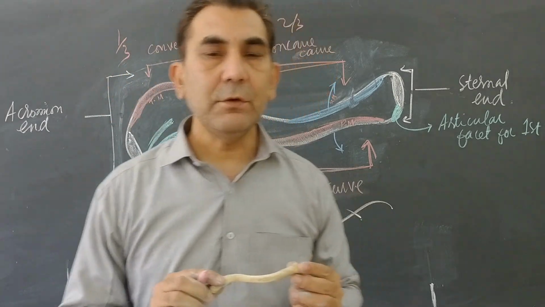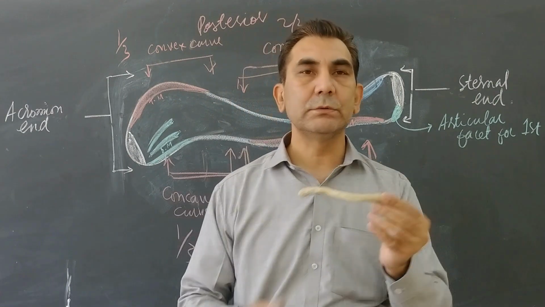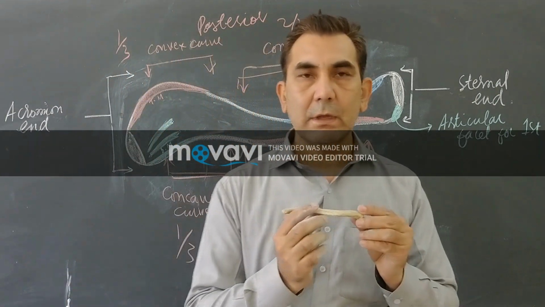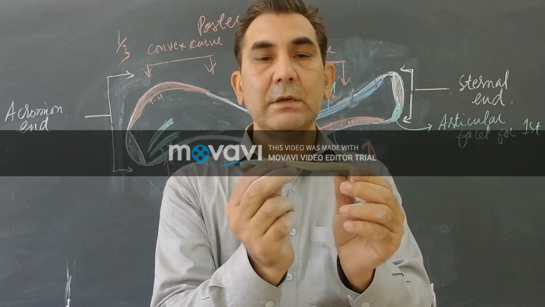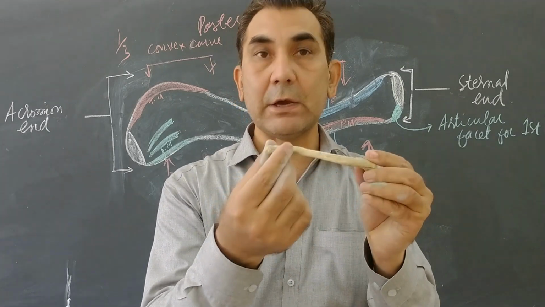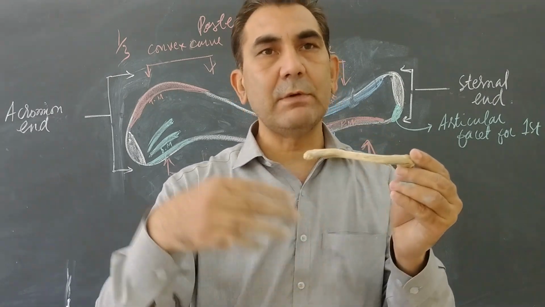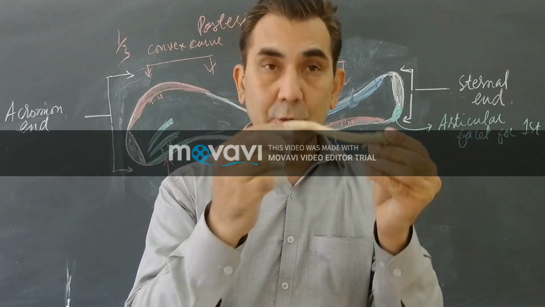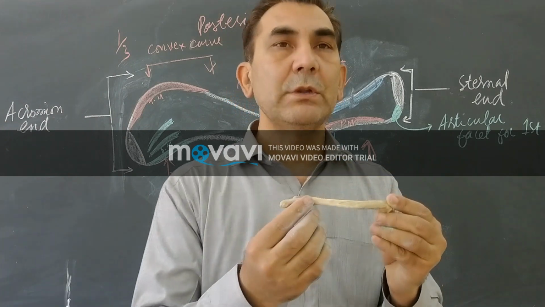Now, how can we identify whether this clavicle bone belongs to the right side or the left side? If you see, there are two ends: one is straighter, more convex in shape, and this one is the flattened one, the acromion end. The acromion end of the clavicle bone is always kept on the lateral side.